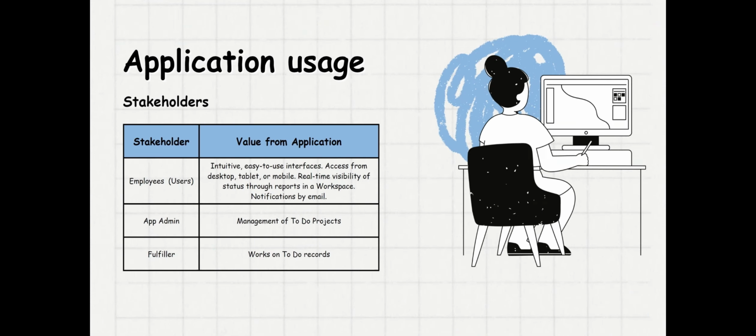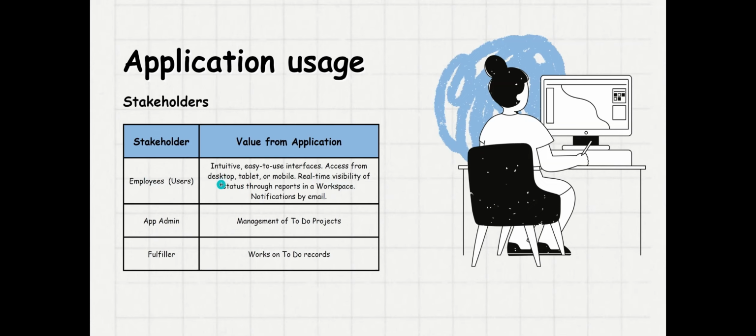Next, application usage. In this, we'll understand for whom we are going to build this application. Anyone in our organization can use this application. In stakeholders, we have divided them into 3 types: employees, app admin, and fulfiller.